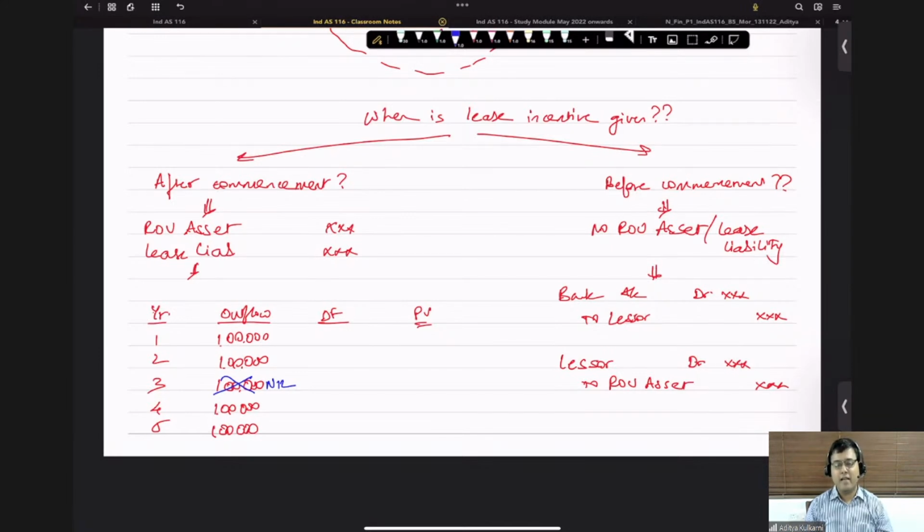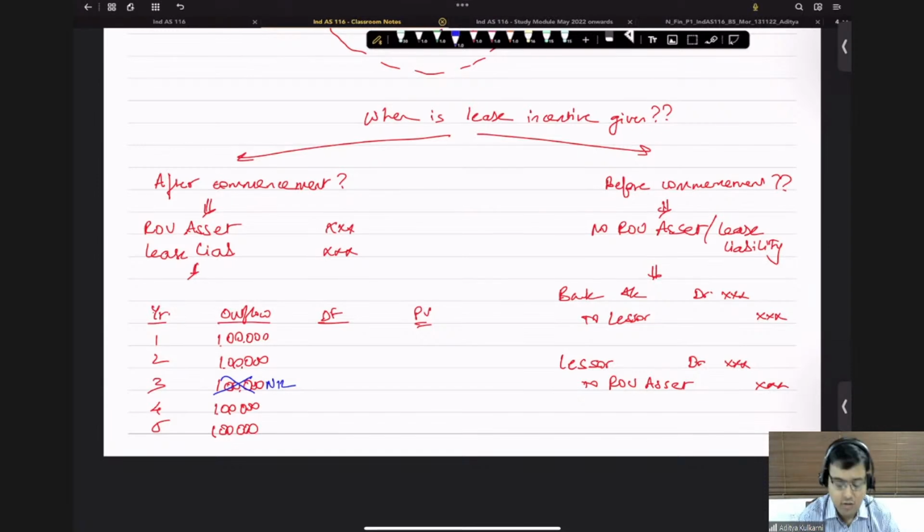Then in my lease liability calculation, whatever was supposed to be my outflow in the third year will be reduced by the lease incentive that you expect to receive. So my lease liability will go down by 1 lakh in absolute terms. In present value terms, it will be impacted on account of discounting. Did you understand?